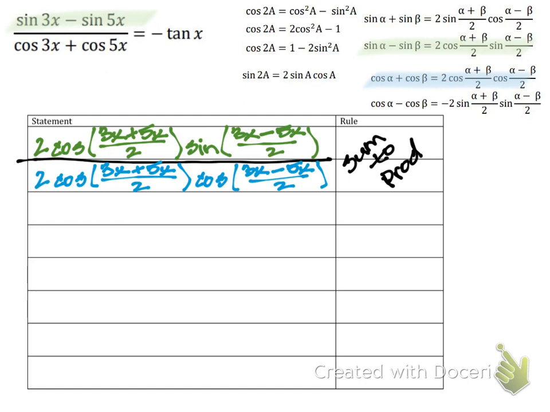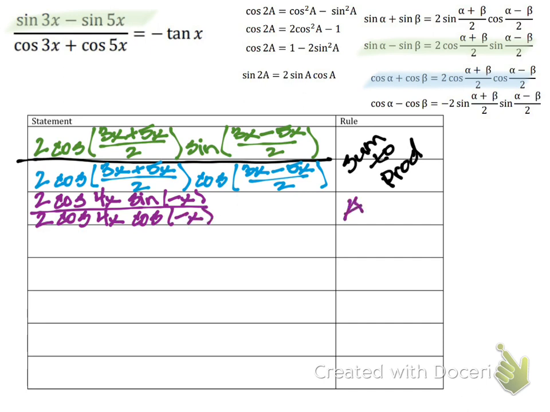Then our next step is to clean it up, right? So we'll have 2 times the cosine of 4x times the sine of negative x over 2 times the cosine of 4x times the cosine of negative x.